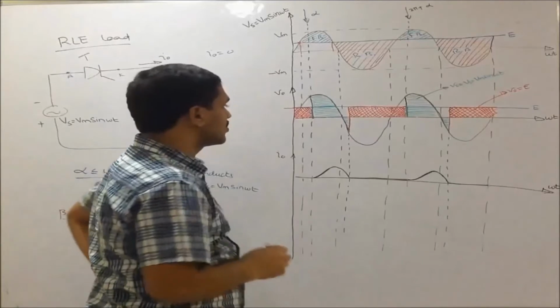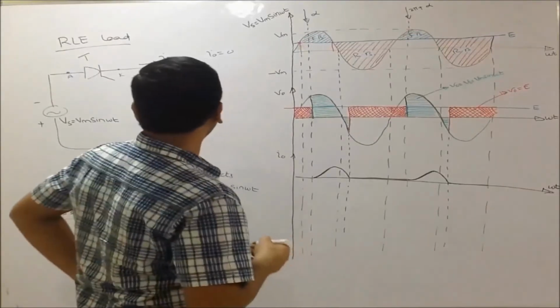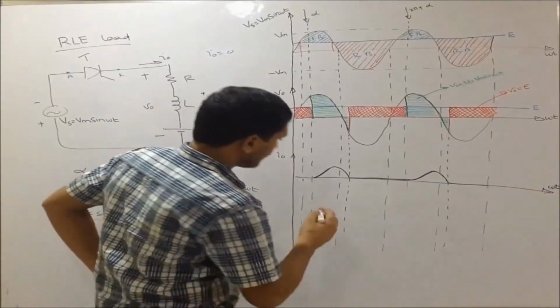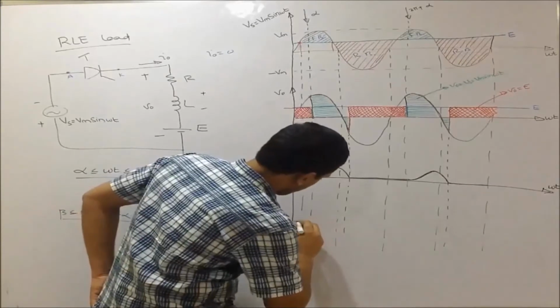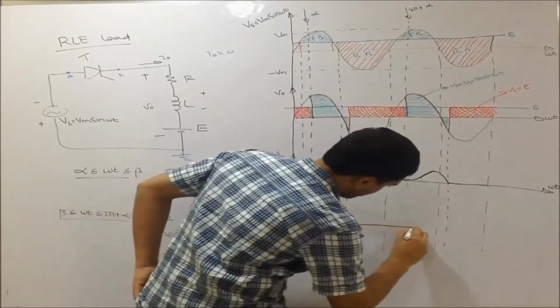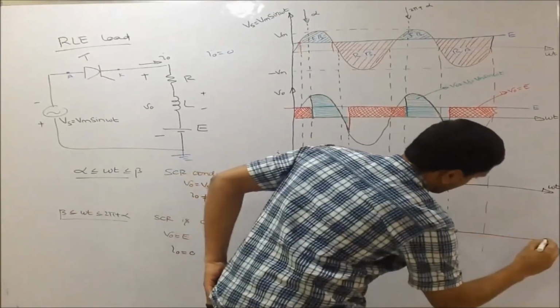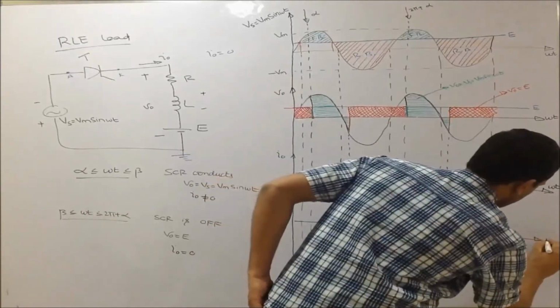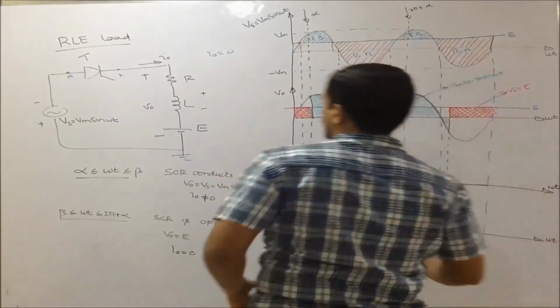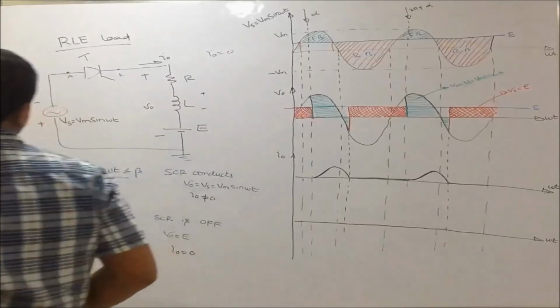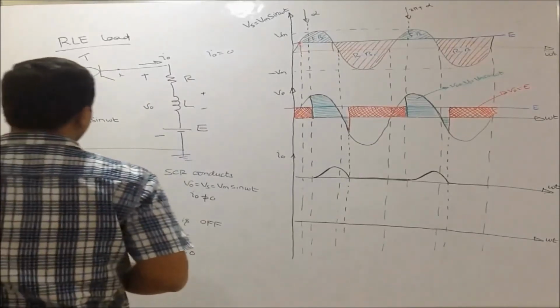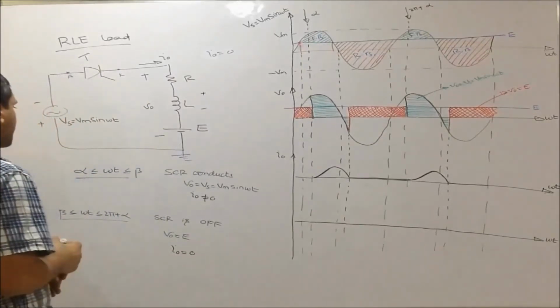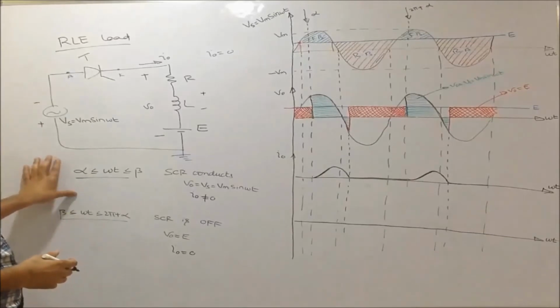Now, what else do we have to draw? We have to draw the voltage across the thyristor, that is Vt. To draw the voltage across the thyristor, again we use the same conditions.